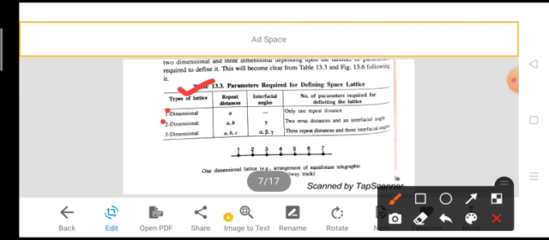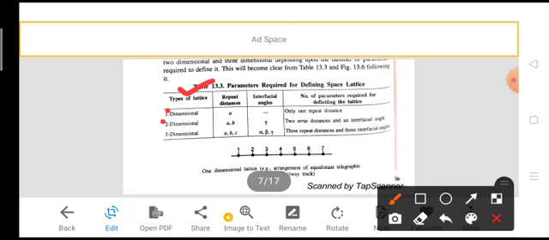Number of parameters required for defining the lattice: only one repeat distance. So for a one dimensional space lattice, only one parameter is required.